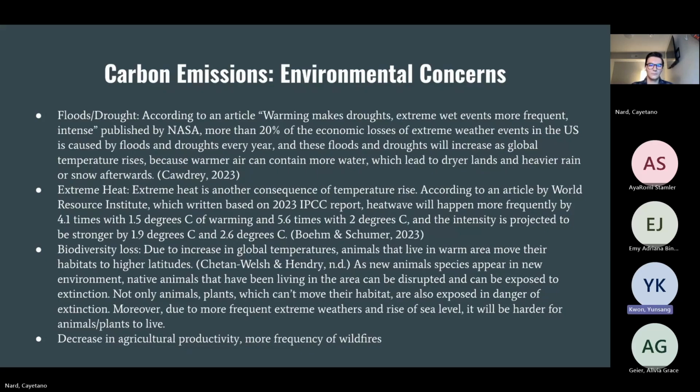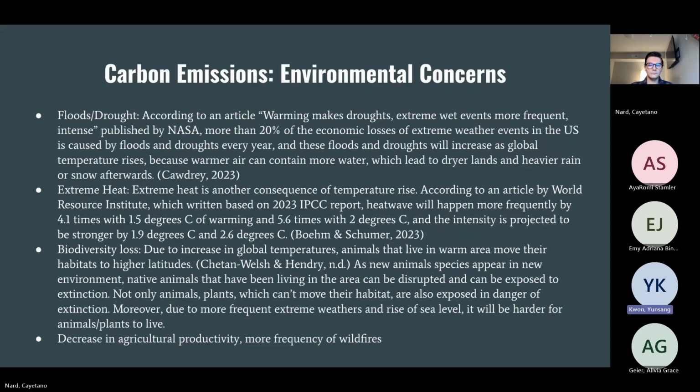Due to the increase in global temperatures, animals that live in warm areas move their habitats to higher altitudes. As new animal species appear in a new environment, native animals that have been living in the area can be disrupted and exposed to extinction.